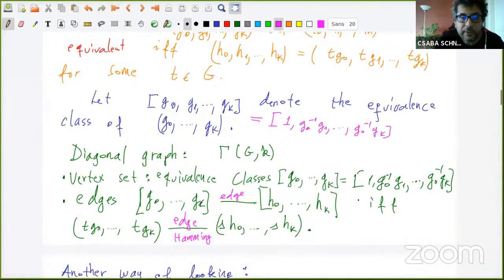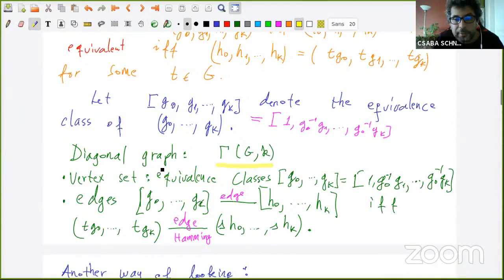And now the diagonal graph. So what is the diagonal graph? The diagonal graph, which we are going to denote by Gamma(G, k), this is going to be the notation for this diagonal graph. We started with k+1 in the Hamming graph, but we put k here. Hopefully it's not going to cause any confusion.